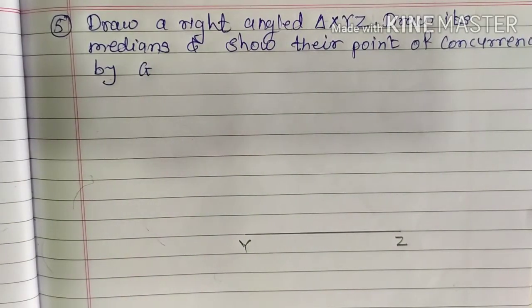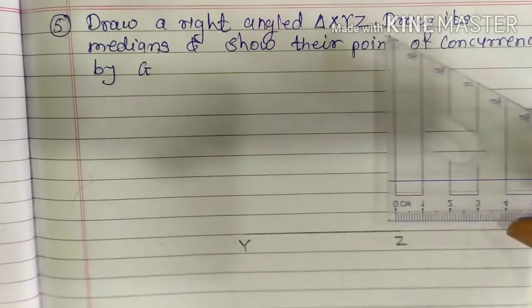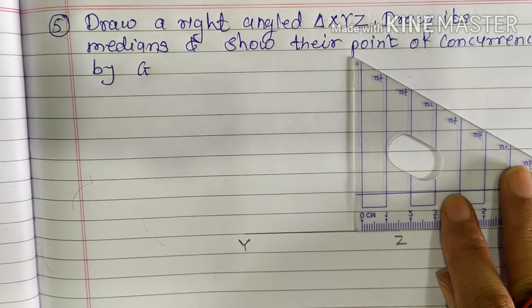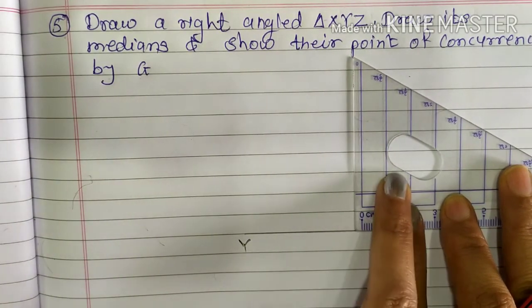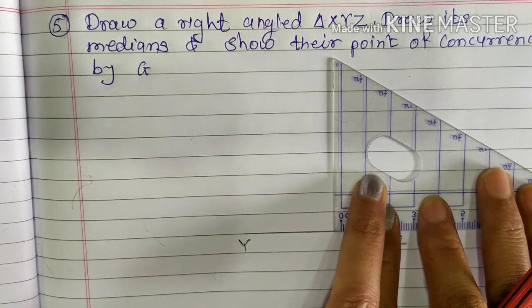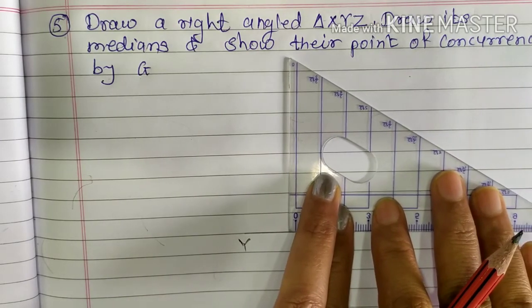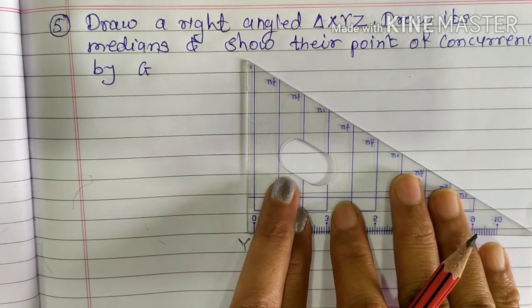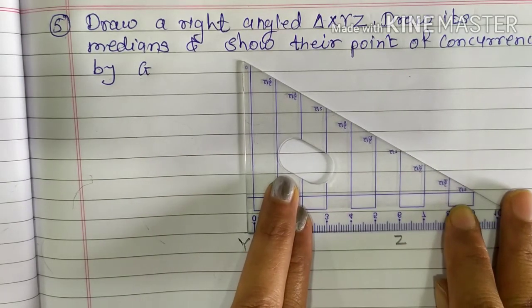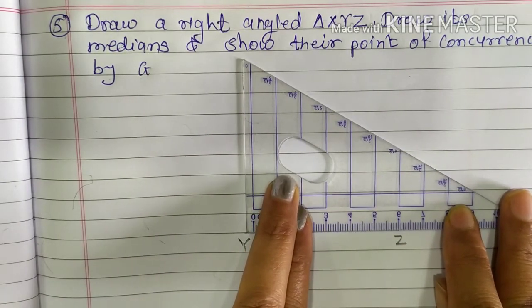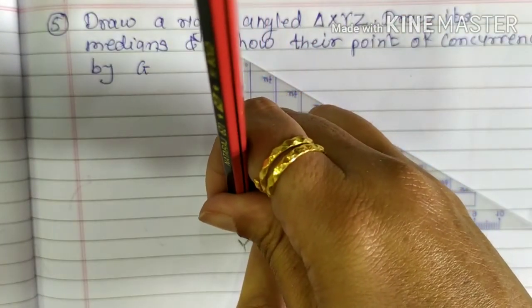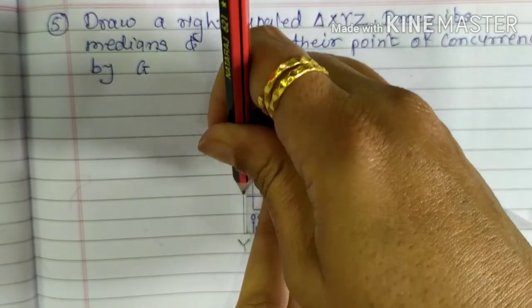Then for drawing the right angle triangle, use the set square here. Use the set square perfectly and draw the 90-degree angle.